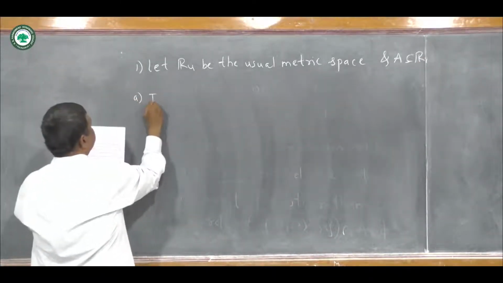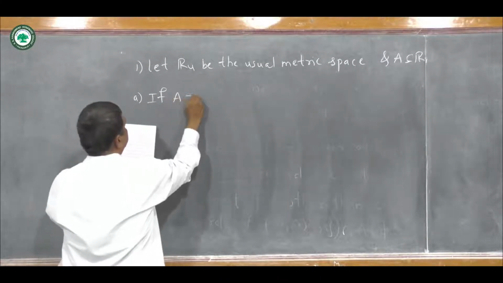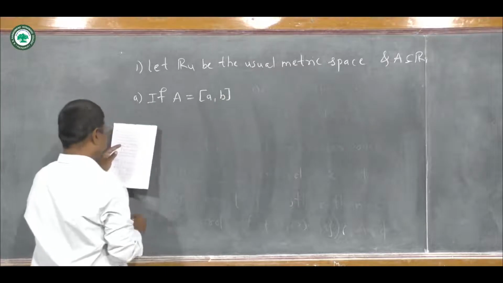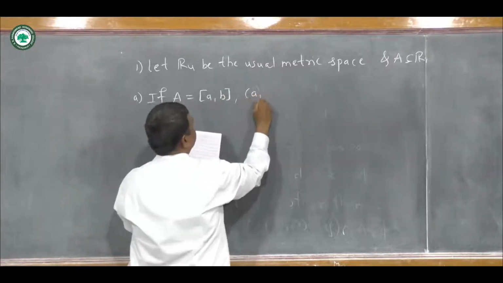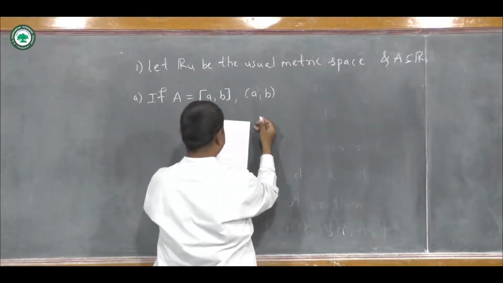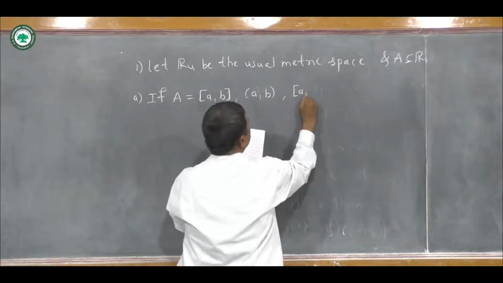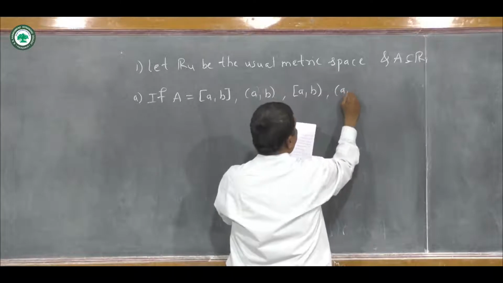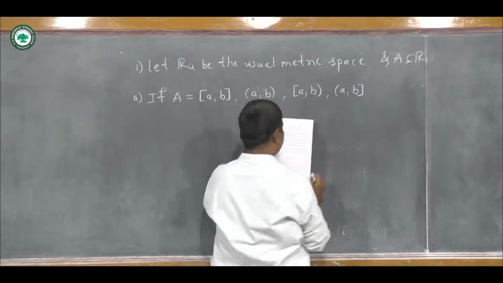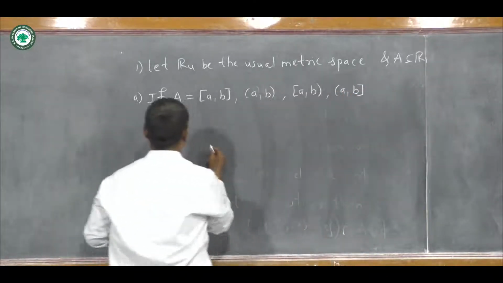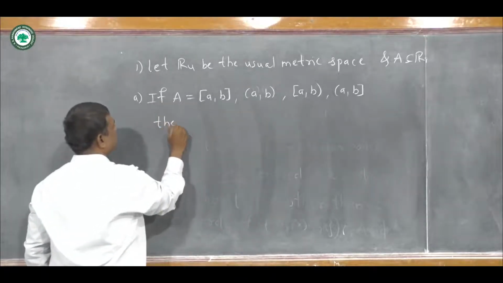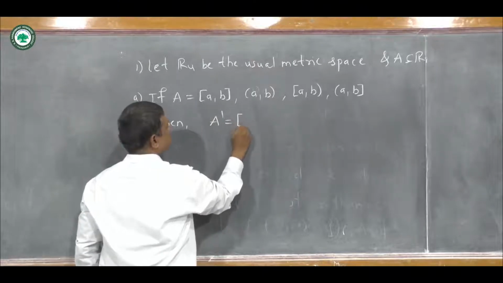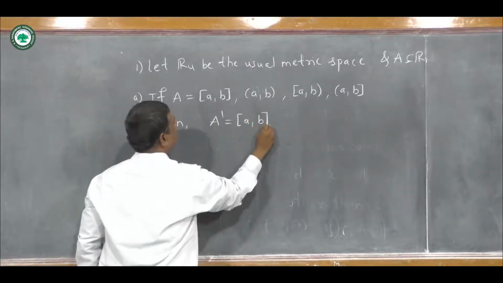So if you take A equal to closed bounded interval [a, b] or open interval (a, b) or closed open interval [a, b) or open closed interval (a, b], then the set of limit points of A, that is A dash, is the closed bounded interval [a, b].